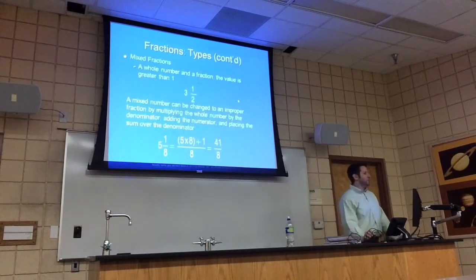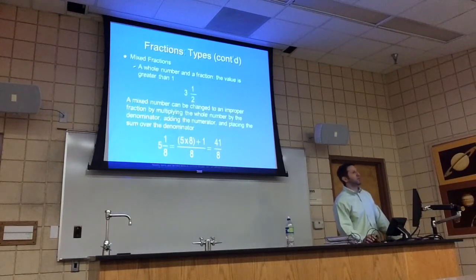So mixed fractions is the whole number, we just talked about that, mixed with a fraction, okay? And you can change a mixed number into an improper fraction, which you might have to do if we are doing multiplication or adding, where you have to do the least common denominator. So, example on the board here is 5 1/8, okay?